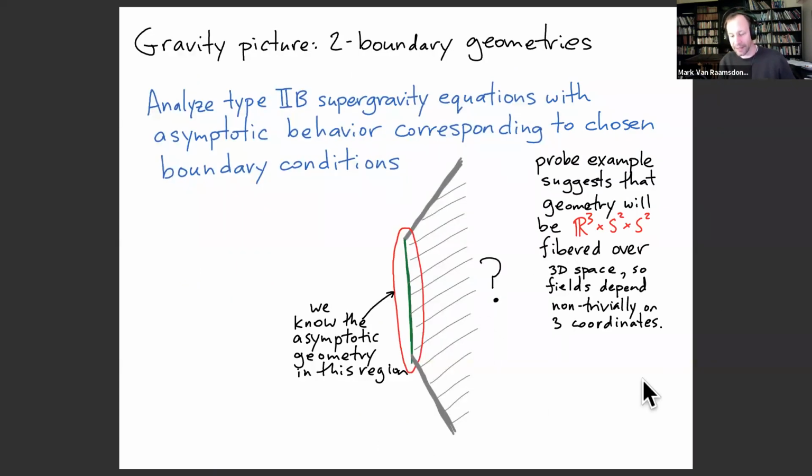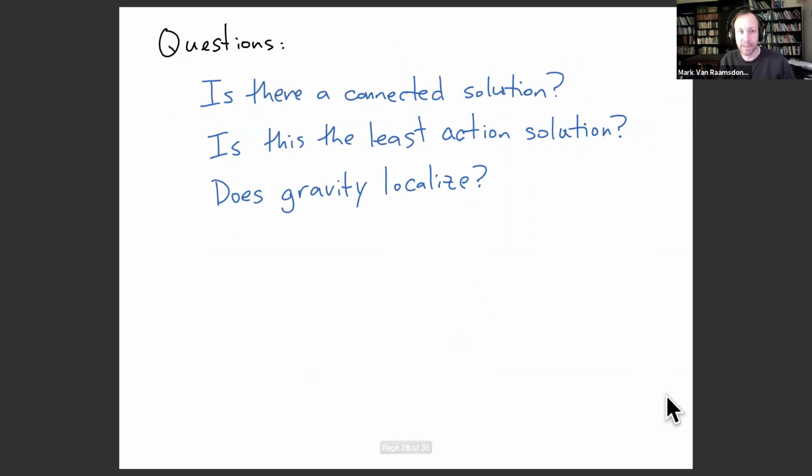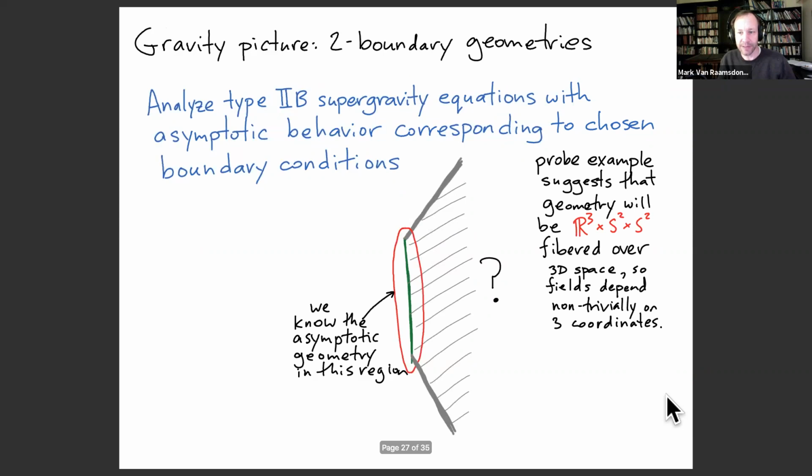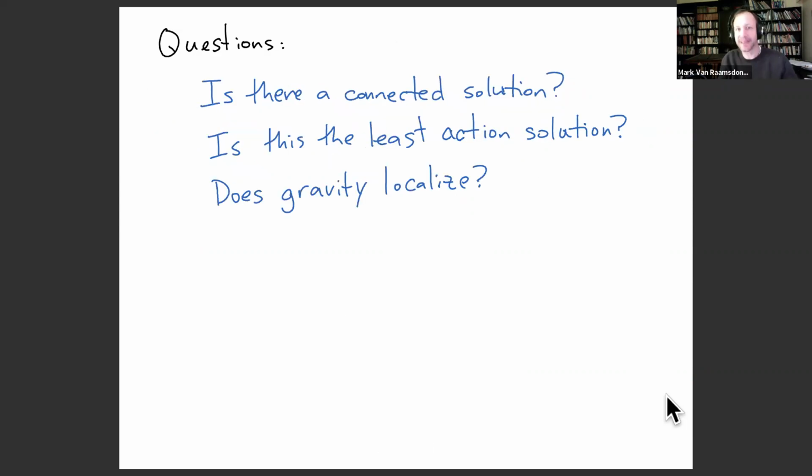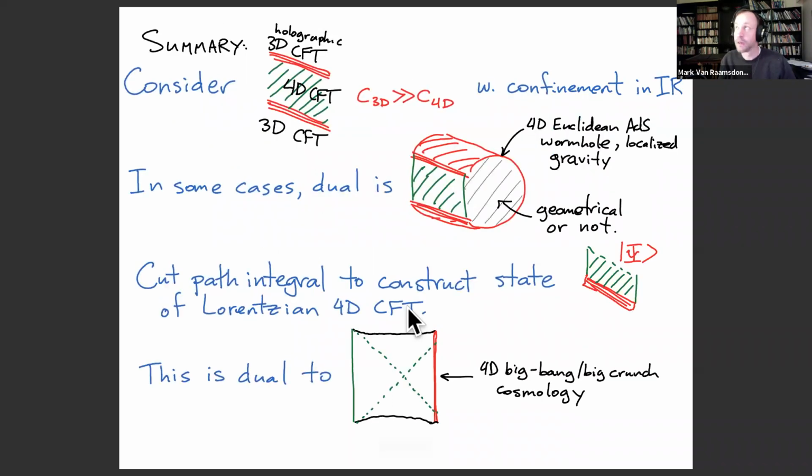But it's a hard problem to actually solve the type IIB supergravity equations to see this solution where the things join up. Maybe it's at least numerically possible. It would be important and nice to verify that. And if you had that solution, you could ask whether, for the least action solution, this gravity localization persists, and so forth. Okay, so that's the basic story.